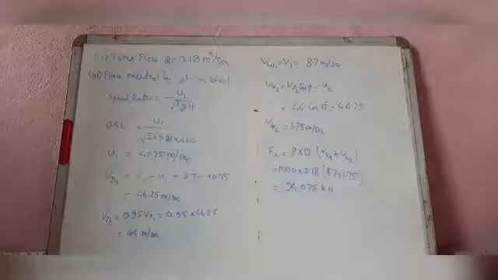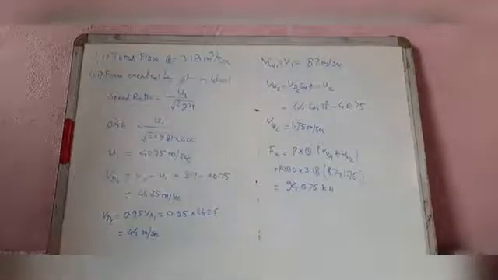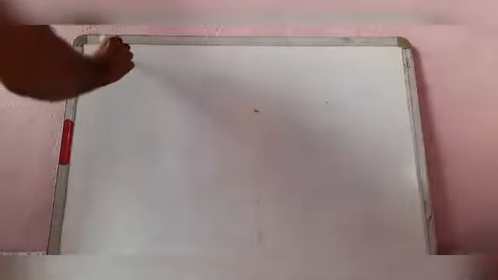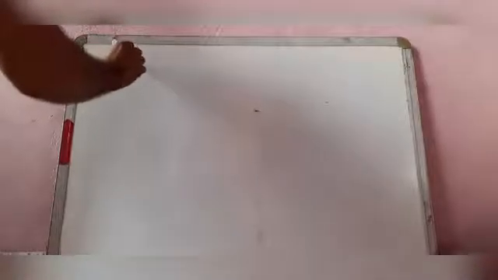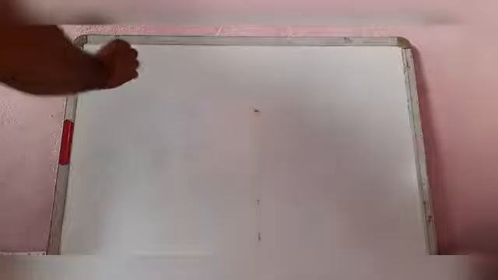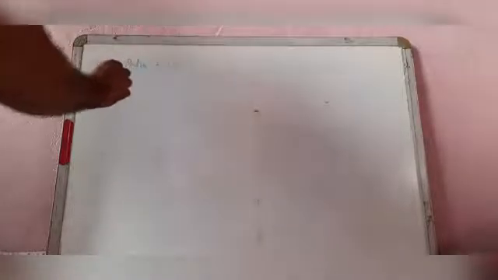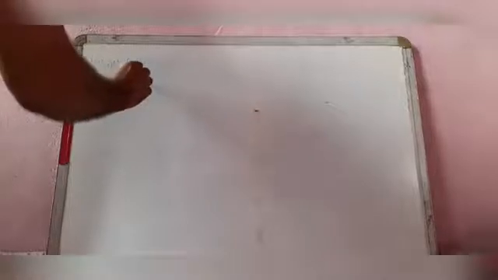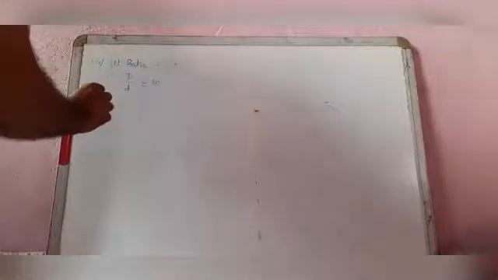Now we have to find the jet ratio. Fourth point is jet ratio is given 10, that is D by d is equal to 10.